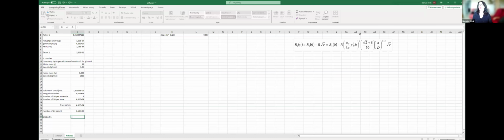I will make it like this: this factor times this factor, the second term, times this value which I calculated.